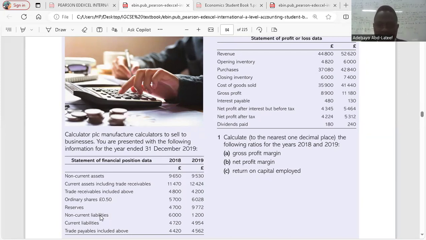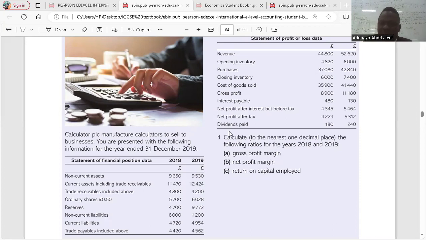Return on capital employed for 2018 will be net profit before interest. How do we get our net profit before interest? We check our statement of profit or loss. Here we don't have net profit before interest, but we have the gross profit, the interest payable, and net profit after interest but before tax.